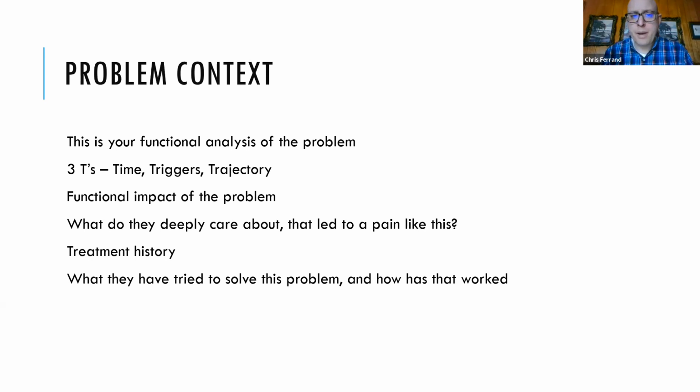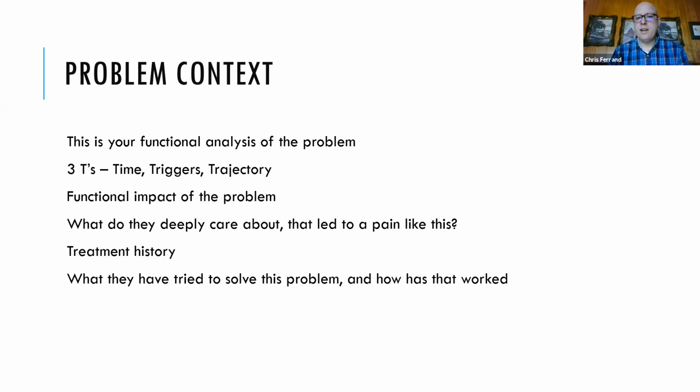Looking at the functional impact of the problem, what do they deeply care about that led to a pain like this? That question is probably at the top of my list. I want to know that. Treatment history in the past, what have they done? Have they ever had any type of counseling or psychiatry?